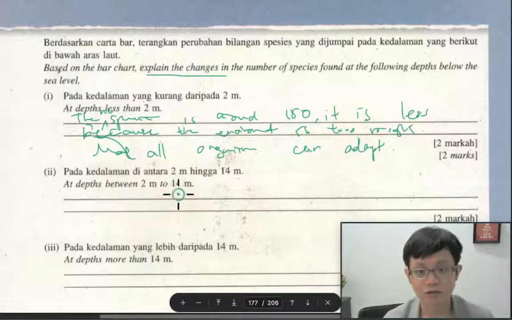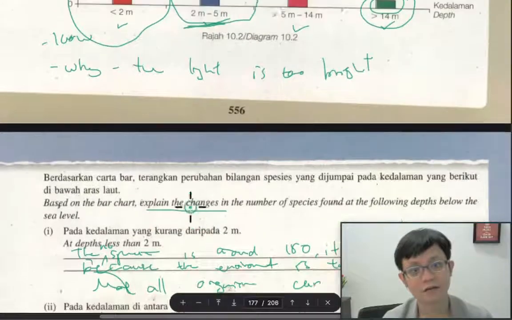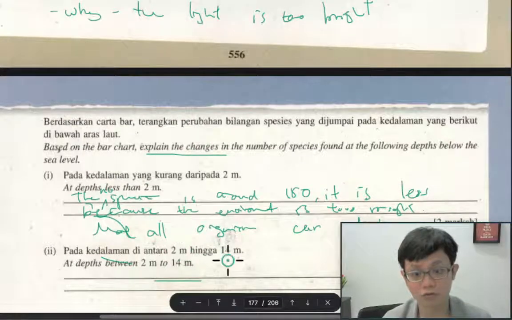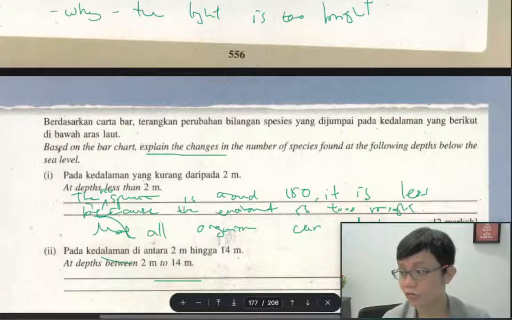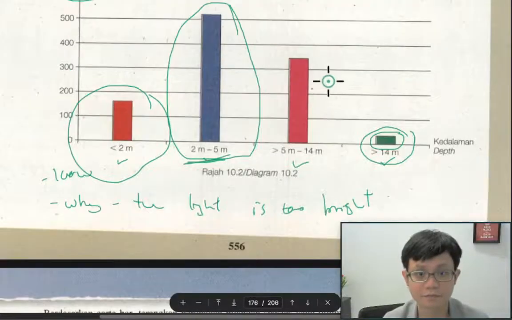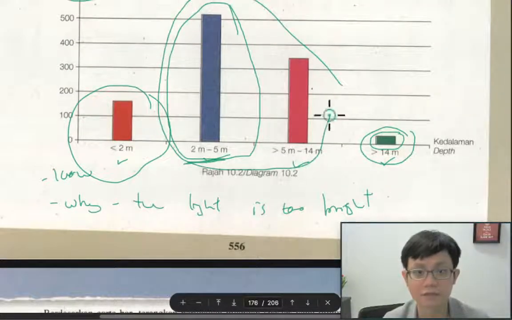Okay, at the 2 to 14. Explain 2 to 14. So basically they want to explain here.